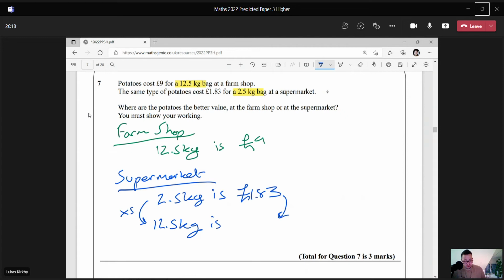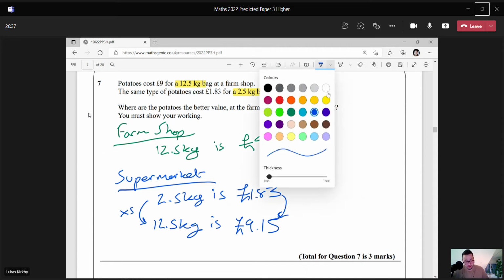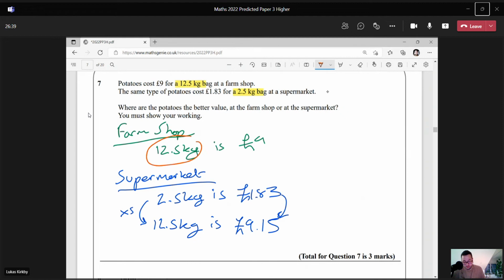So all we have to do is times the price by 5. So £1.83 times 5 is £9.15. Okay, so that is telling me that it is cheaper at the farm shop. So let's just write that conclusion, because for the same amount of potatoes, it's 15p cheaper at the farm shop. Okay.